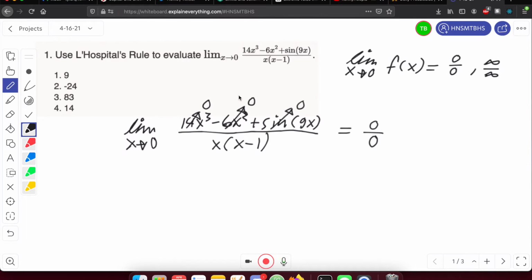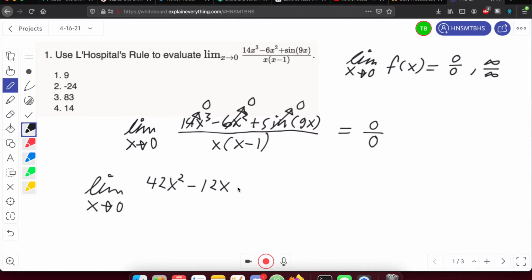So what are we going to do? Well, we're going to take the derivative of the top first. What's the derivative of the top? Well, the derivative of 14x cubed is 42x squared, minus the derivative of 6x squared, which is 12x. And then sine of 9x, this is a simple chain rule application, so we have the derivative of the inside times the derivative of the outside function.